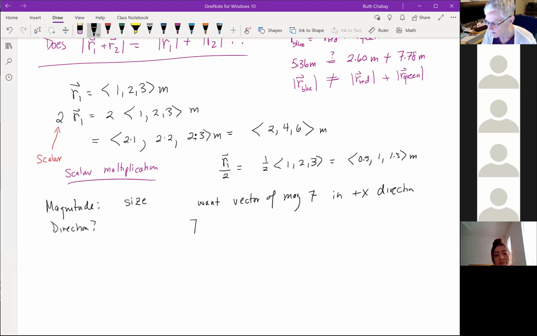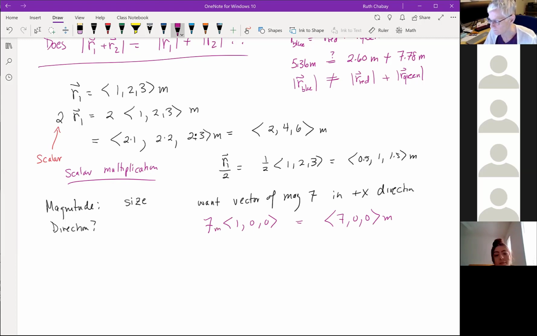Well, here's our magnitude 7. Is there a vector we could multiply it by to get the vector of magnitude 7 in the x direction? Suppose we multiplied this magnitude 7 by the vector 1, 0, 0. That would give us a vector 7, 0, 0 meters.